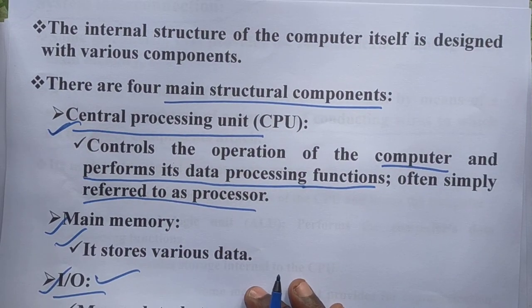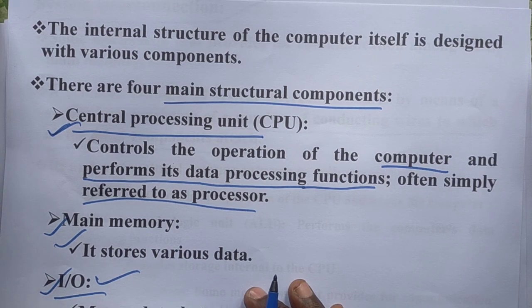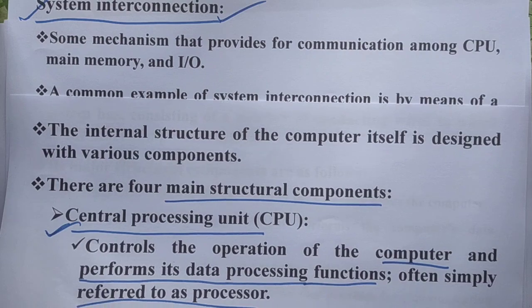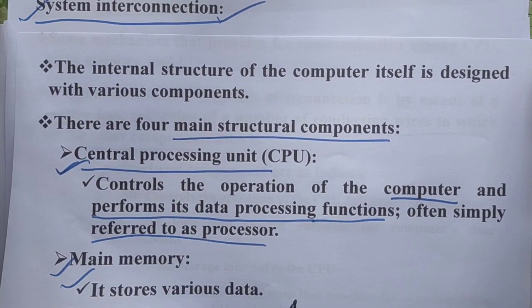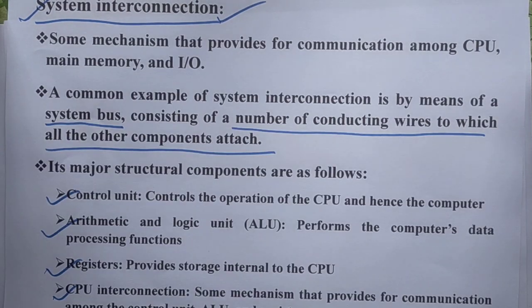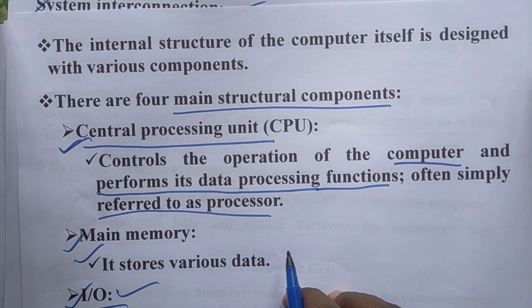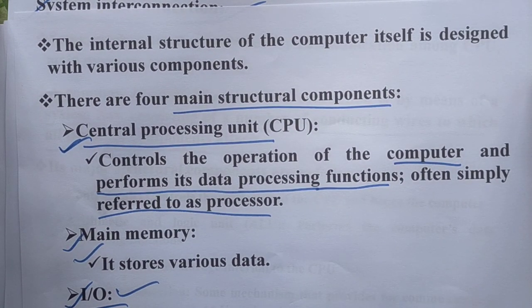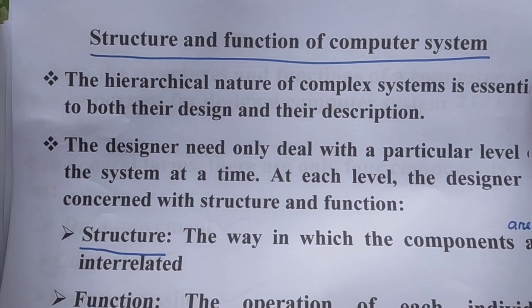Although there are different parts, I just mentioned these four parts of the structure of the computer system. This is the overall part of computer functions and structures, the most important part of the computer system.